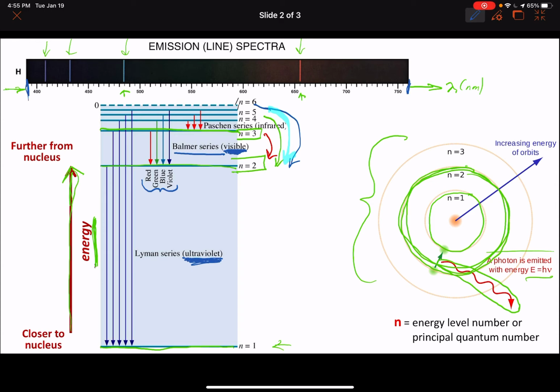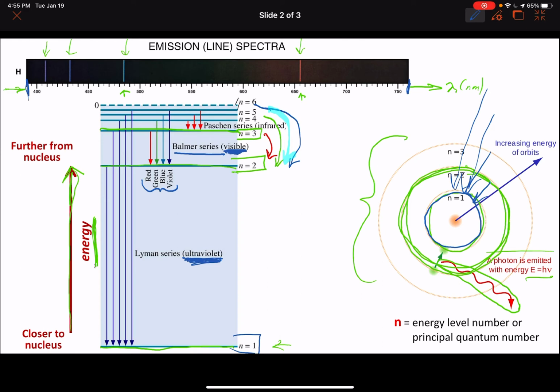These involve transitions that end at the n equals 1 orbit. So electrons would be falling from higher levels to n equals 1 to emit these photons. All of these transitions would be UV emitting.